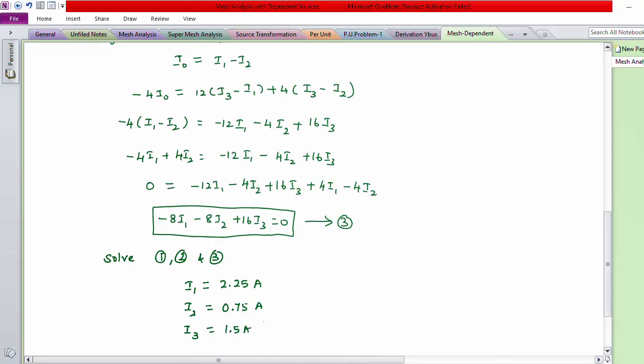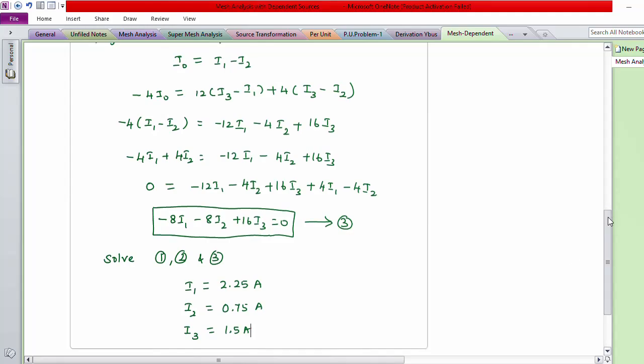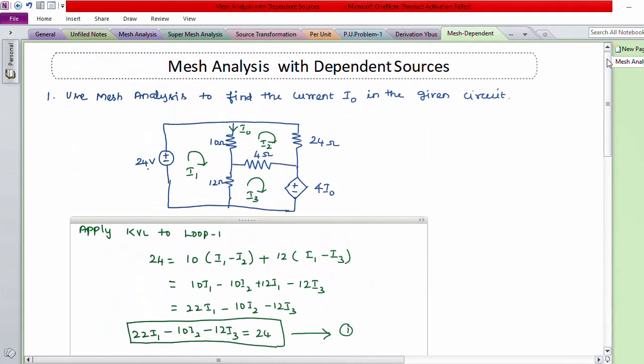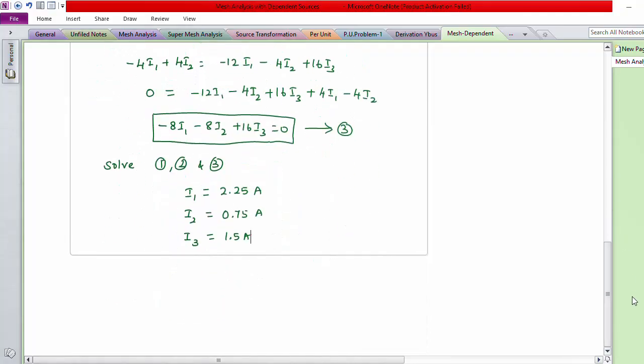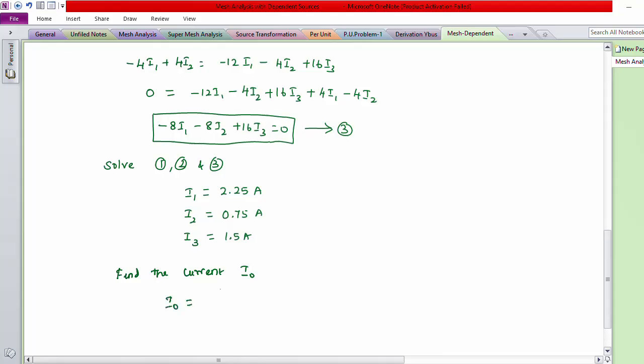But in this problem, they are asking for the current through the 10 ohm resistor. That is, find the current I naught. So, I naught is nothing but the current through the 10 ohm resistor. So, I naught is equal to I1 minus I2.